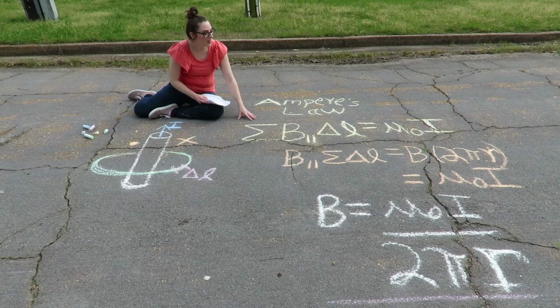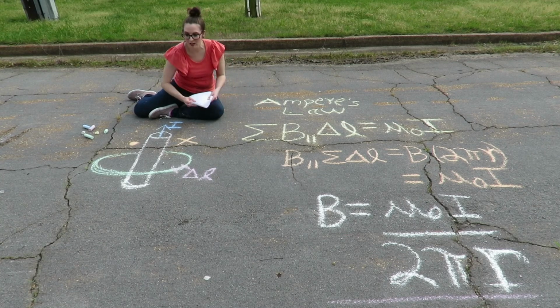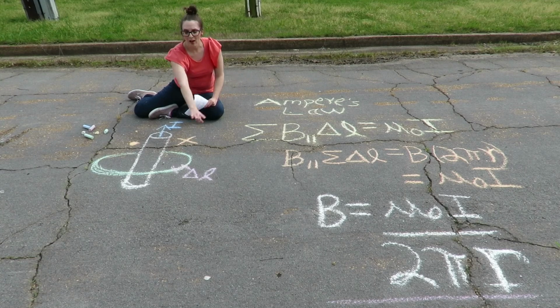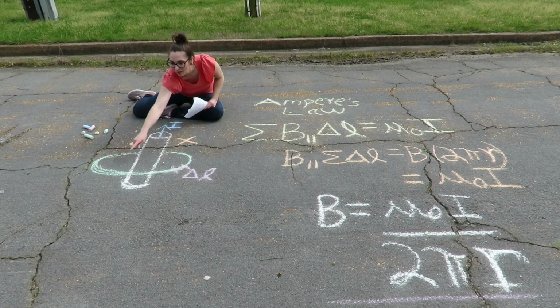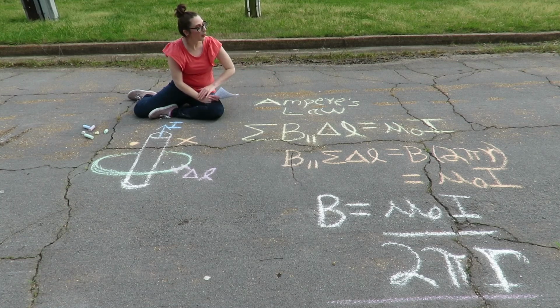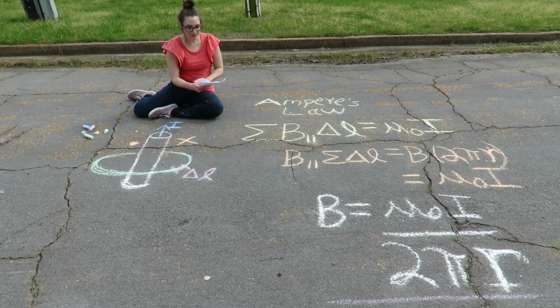So Ampere's Law says that the sum of this magnetic field parallel to the increment delta L around some path around that wire has to equal the permeability of free space times the current through our wire.